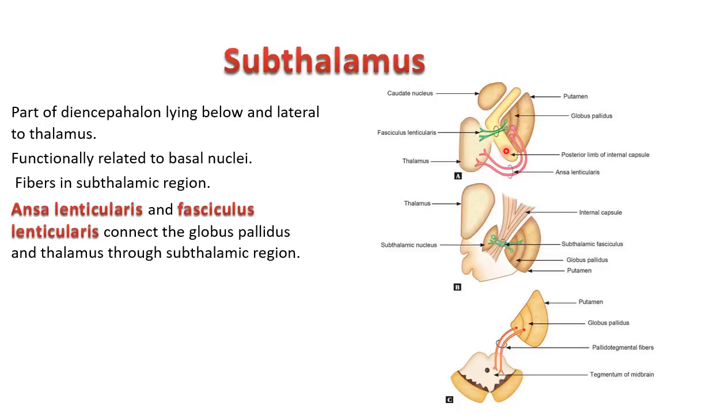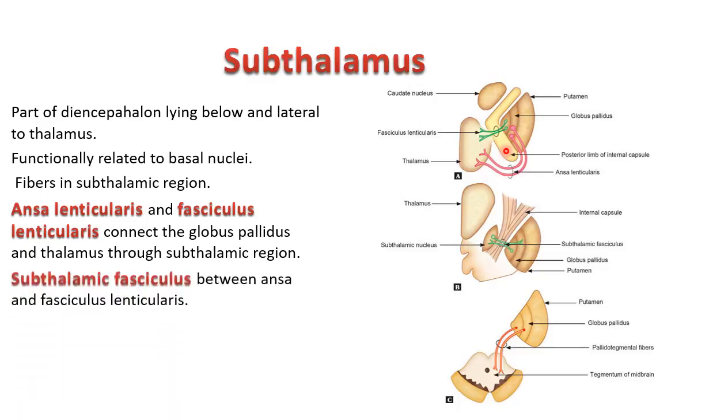They form the thalamic fasciculus because these are joined by the dentato-rubrothalamic fibers. So dentatothalamic from the dentate nucleus of the cerebellum, and rubrothalamic from the red nucleus. So now you are able to understand what would be the function of this basal nuclei.